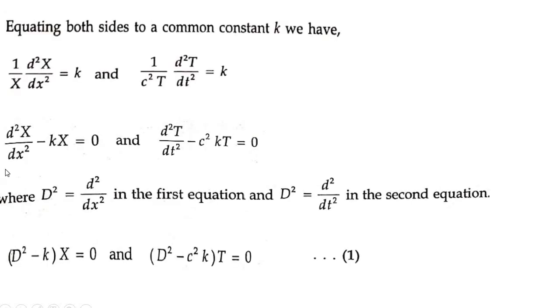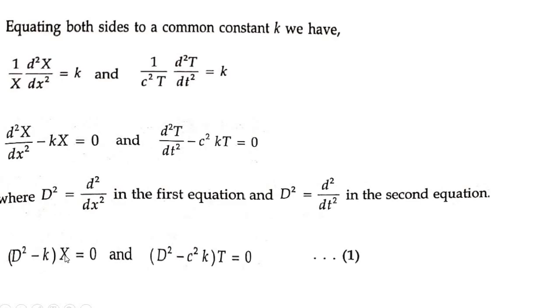So case 1, when k equal to 0. What will happen when you substitute k equal to 0 here? You get D square into X equal to 0. Here also when you substitute k equal to 0, you get D square into capital T equal to 0. So D square into X equal to 0 and D square into capital T equal to 0 is what you will have when you substitute k equal to 0.